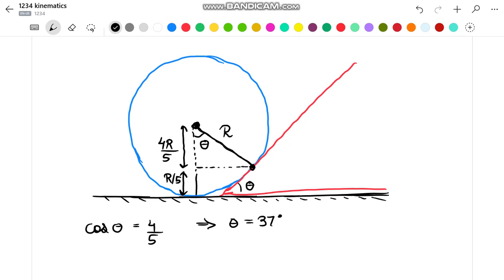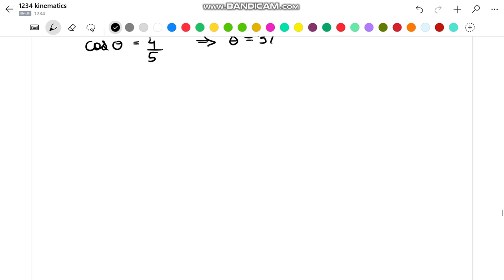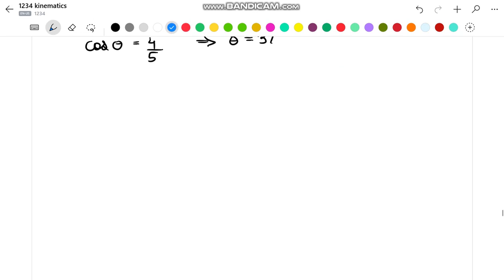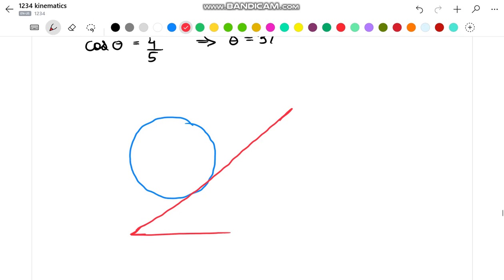Okay, so now let us start working in the frame of reference of the wedge. In the frame of reference of the wedge, let us again redraw this diagram. So this is our sphere given in the problem, and in the frame of reference of the wedge, we can say that the wedge will be at rest and the velocity of 20 meter per second of the wedge will appear as the relative velocity of the sphere towards the right.